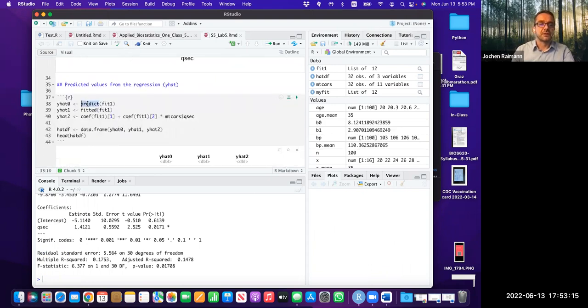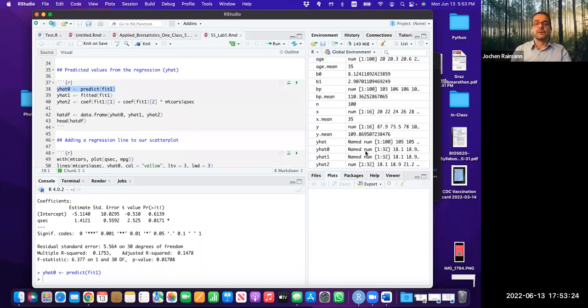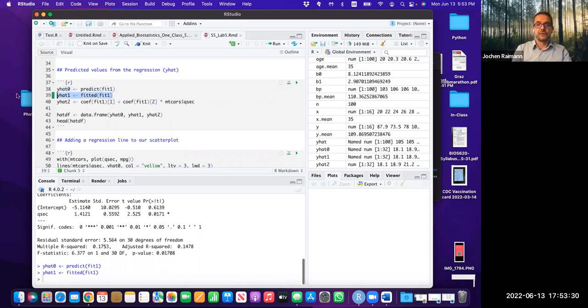With the predict function, you get an actual prediction for your y hat 0. So y hat 0 is now a prediction for your 32 entries. Y hat 1 is fitted, so that's essentially what you fitted. And this is the calculation using these coefficients that you have found.